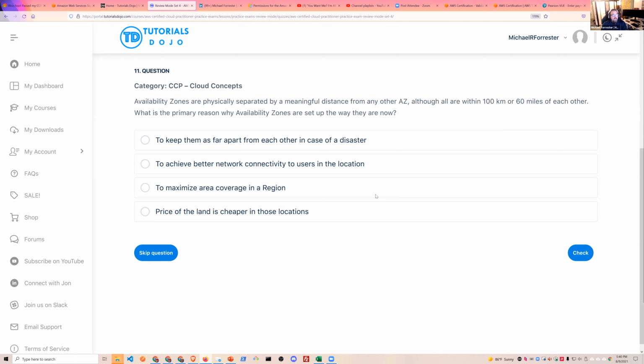So availability zones are physically separated by a meaningful distance from any other AZ, although all are within 100 kilometers or 60 miles of each other. What is the primary reason why availability zones are set up the way they are now, right? Yeah, I gotta tell you that I would guess that it's probably 1.